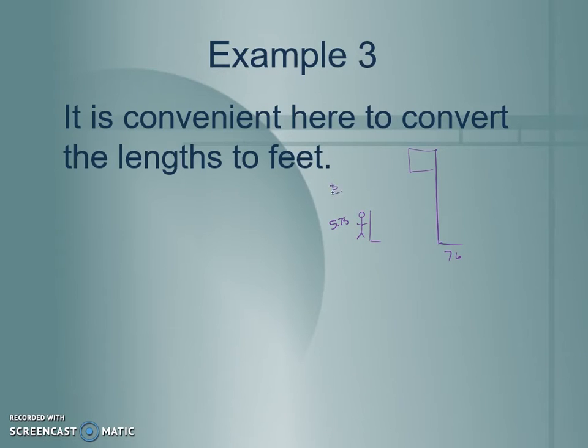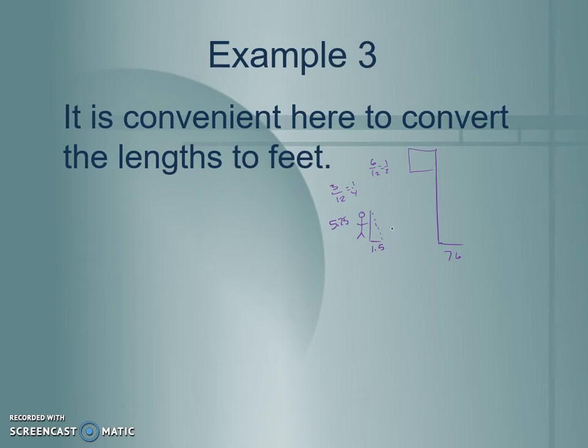Well, 3 over 12 equals 1 over 4, which is 0.25. So 5.25 feet tall, and then 1 foot 6 inches down here. Well, 1 foot 6 inches, 6 over 12 is 1/2, and 1/2 is 0.5. So this is 5.25 tall and 1.5.